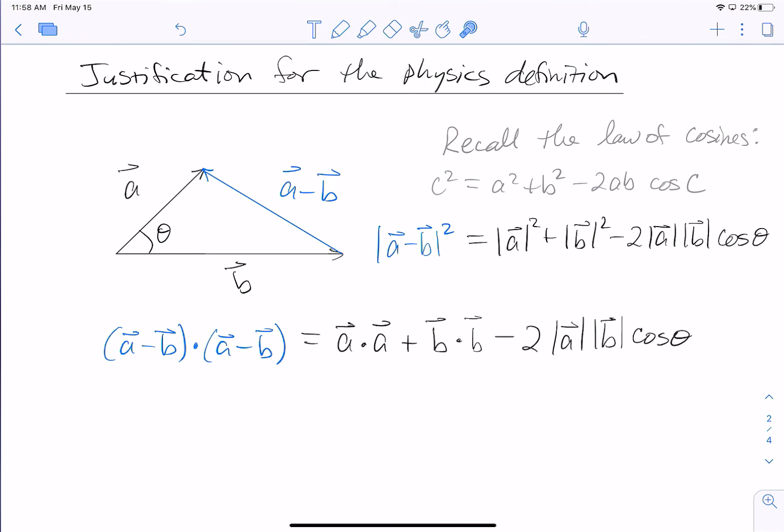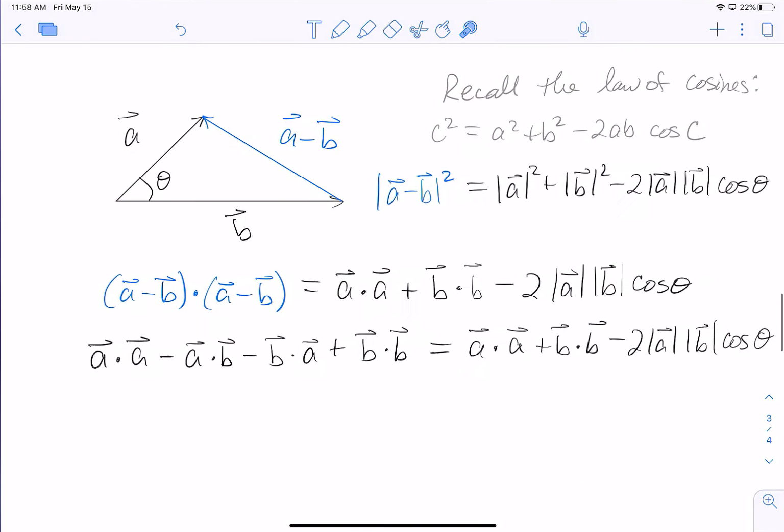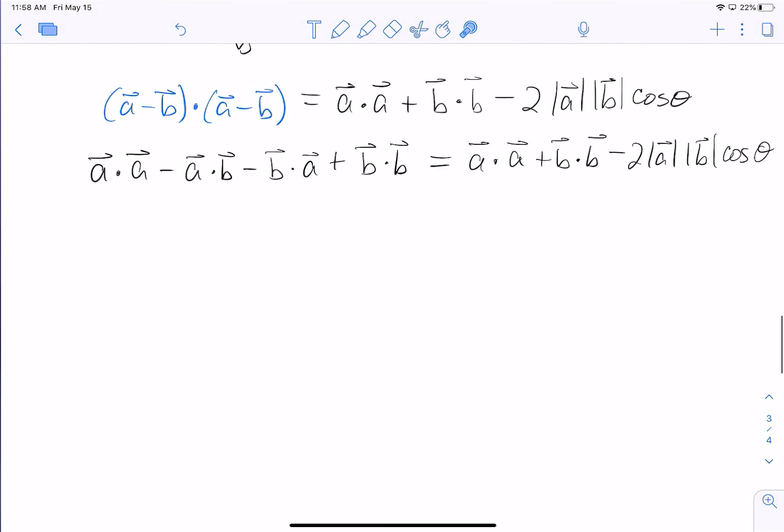That didn't change at all. The left-hand side essentially becomes a FOIL situation where we have a dot a minus a dot b minus b dot a plus b dot b, and the right-hand side remains unchanged.